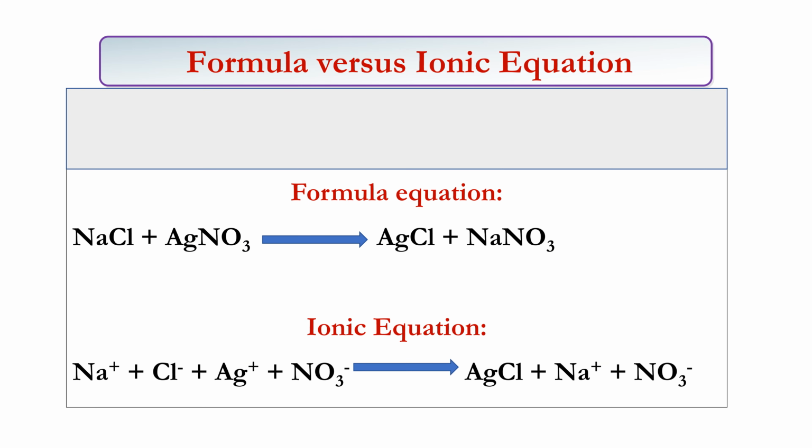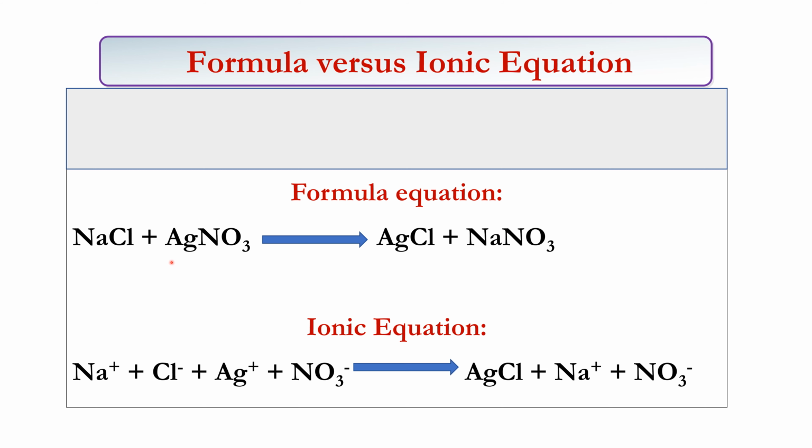Okay, let's look at formula versus ionic equation. The reaction between sodium chloride and silver nitrate gives silver chloride plus sodium nitrate. This is an example of formula equation.